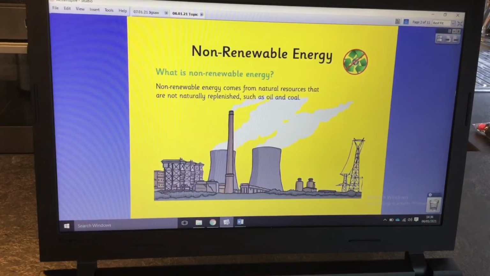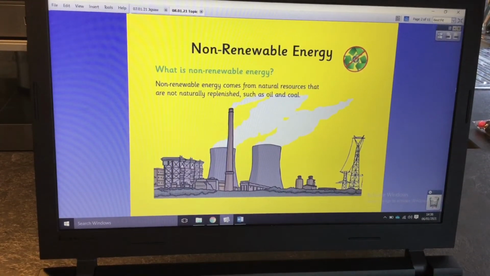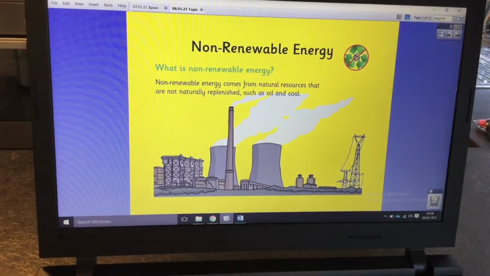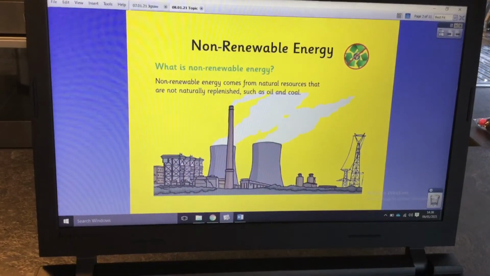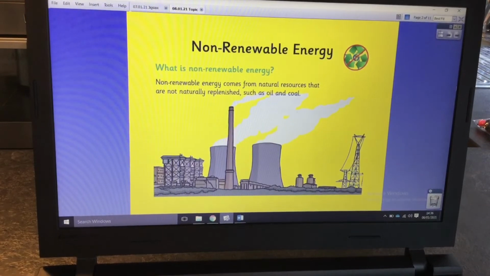Okay, so first of all, we've got non-renewable energy. Non-renewable energy comes from natural resources that are not naturally replenished, like oil and coal. This means that once the oil and the coal has run out and we've used it all up, that's it, it's gone.